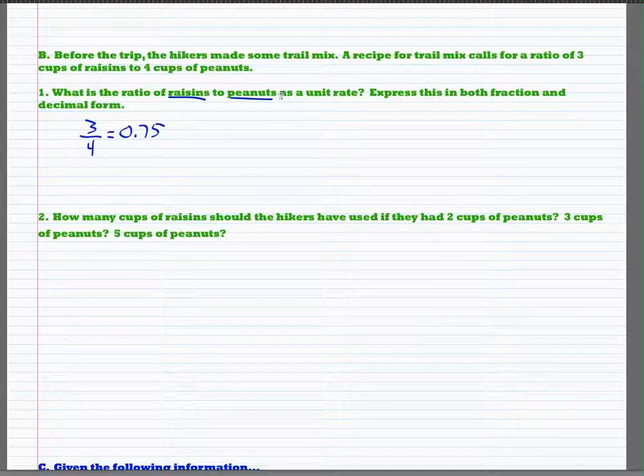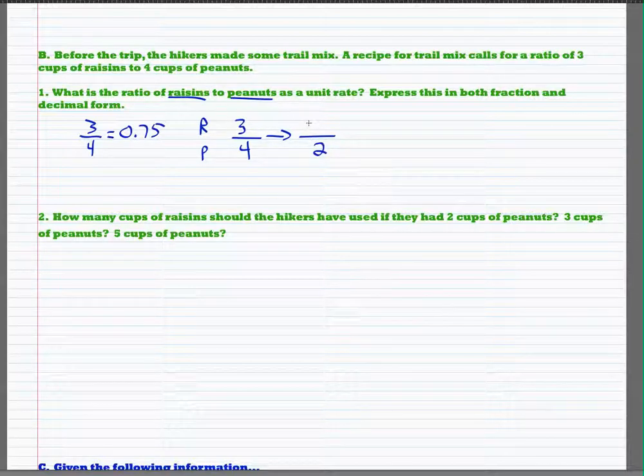To extend this a little bit, if I have 3 cups of raisins, I'm going to have 4 cups of peanuts. I'm going to put the raisins up top, the peanuts down below. Let's say I only had 2 cups of peanuts. Essentially I'm taking the amount of peanuts and cutting it in half, so I have to do the same thing with the raisins.